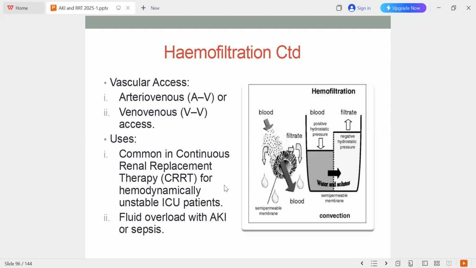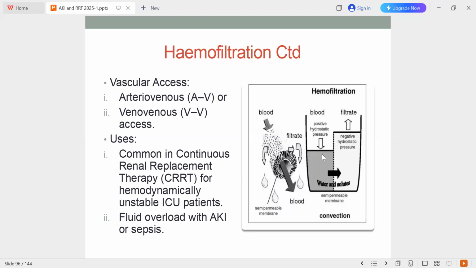Vascular access for hemofiltration is either arteriovenous or venovenous access. Hemofiltration is commonly used in continuous renal replacement therapy for hemodynamically unstable patients in ICU specifically, and for fluid overload in patients with AKI or sepsis.